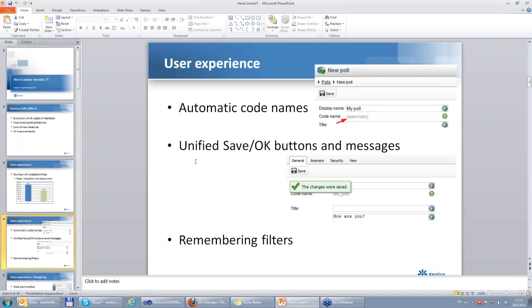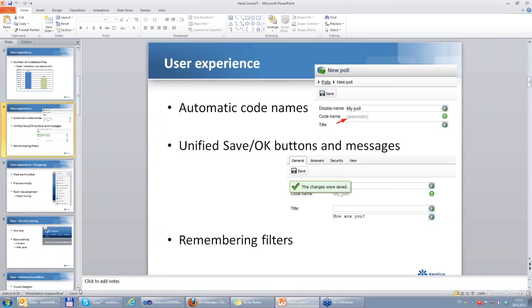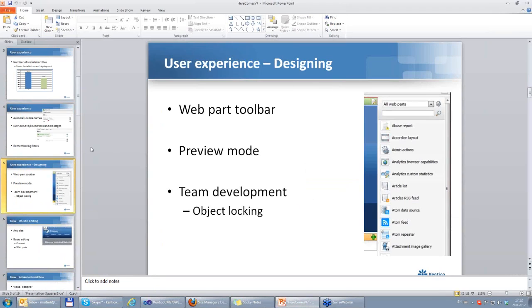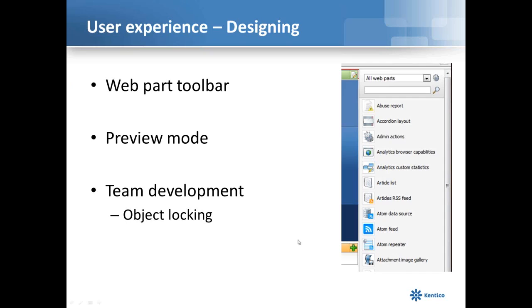So these are small improvements that I wanted to mention because they help you to be much more productive. Another thing is the user experience of the design mode and the whole designing of the website. We provide several components and functionalities that help you be more productive in this area of work, and basically give you a lot of new options for how you can develop or design your website much more efficiently.